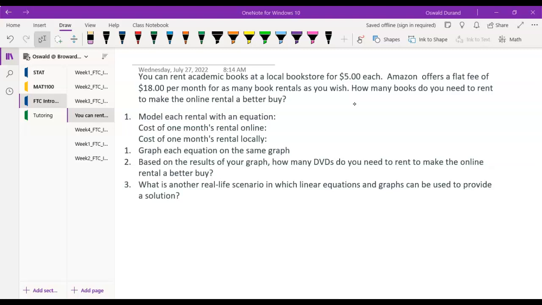For this first situation, you can rent academic books at a local bookstore for $5 each, right? So let's label the number of books as X, for example. Which means that if I have one book, there's going to be 5, two books, 10, three books, 15, and so on. So basically you're getting a multiplication here.